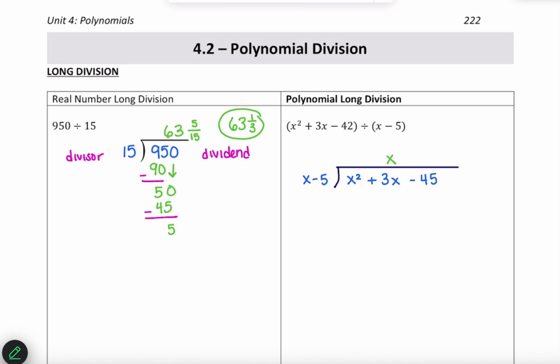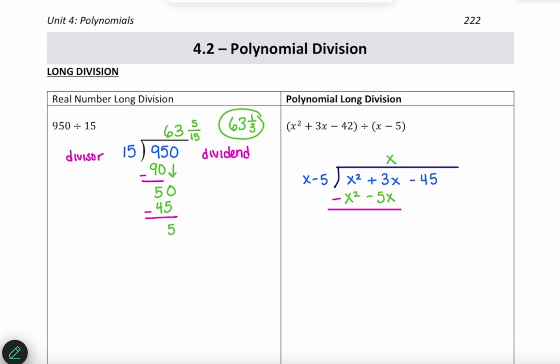Then I'm going to multiply, just like how we did 6 times 15, that's 90. I'm going to multiply x times x minus 5. So x times x is x squared, x times negative 5 is negative 5x, and then we're going to subtract. Remember you're subtracting both the x squared and the negative 5x.